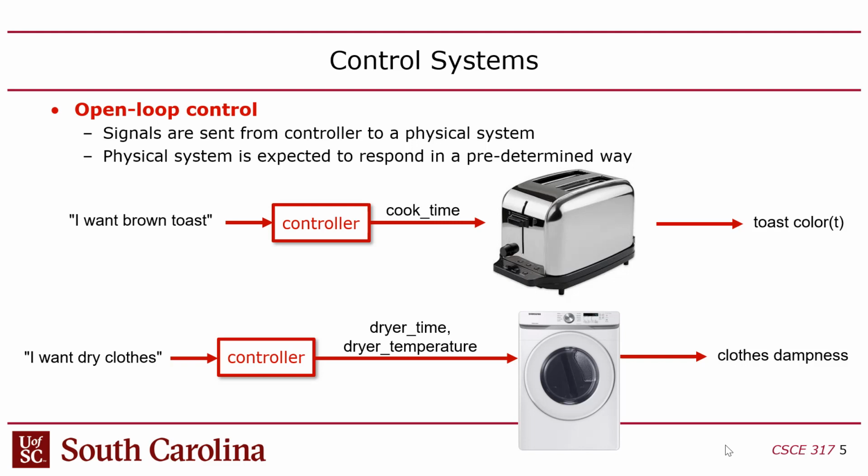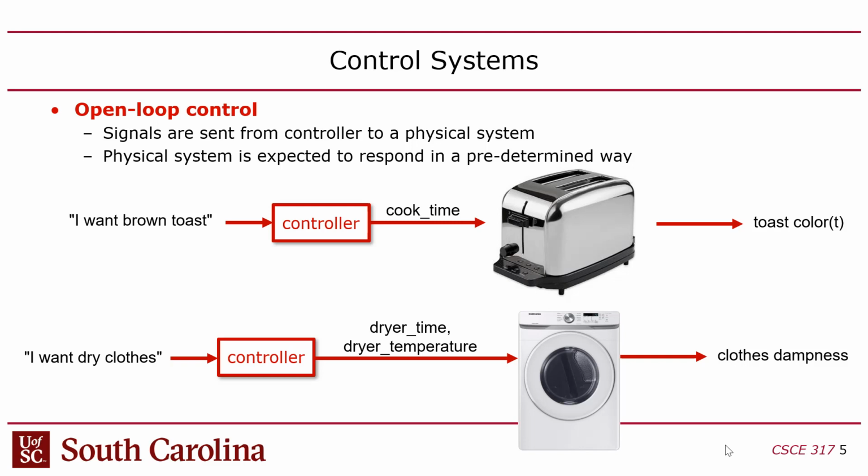And when the toaster gets done, it will produce toast with a certain color. So the controller takes basically the color of the toast you want, and it sets the cook time, and hopefully you get the right color out, right? But it's open loop in the sense that the controller, which would be internal inside the toaster, doesn't actually look at the toast color.